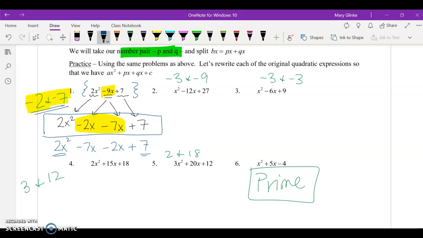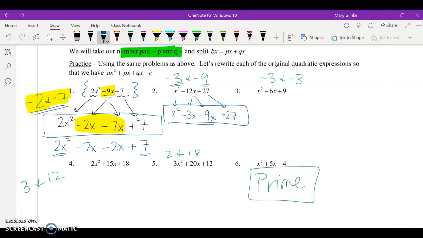So then number 2, let's try this. I bring down my first, I bring down my last, and I take my middle term and I split it up into the two numbers that I found, which were -3x and -9x. And I could write those in the opposite order and still get the correct answer. That's fine.